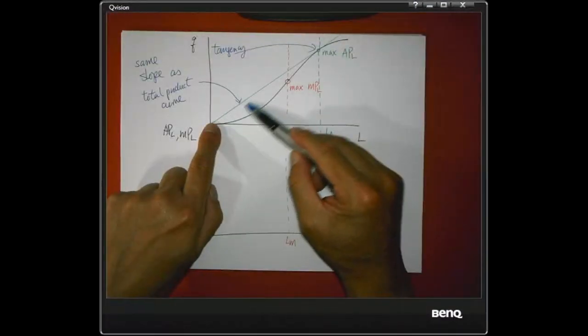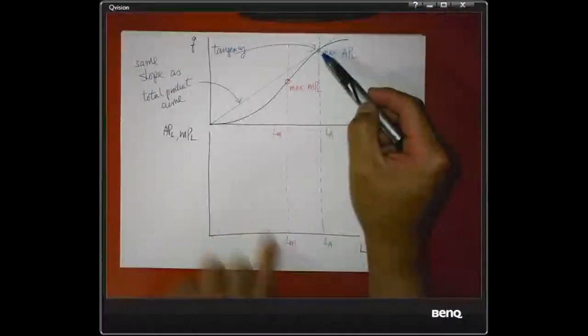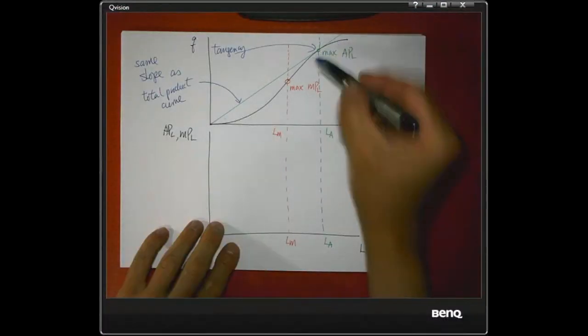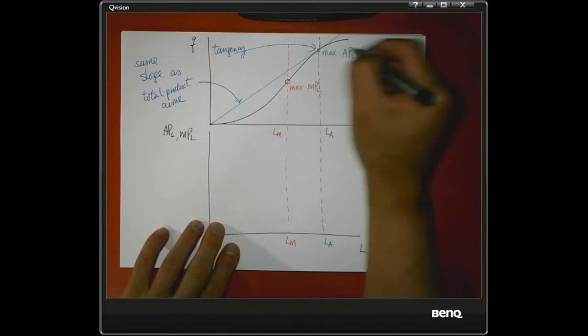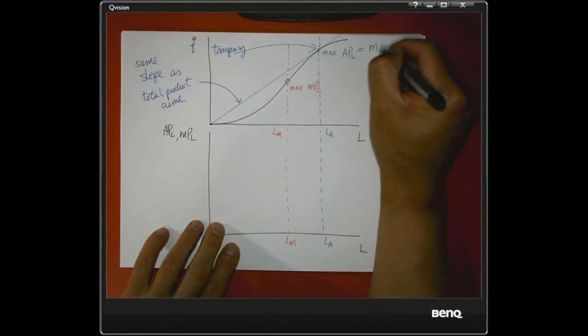So when this straight line from the origin has the same slope as the total product curve at this point, then this point must also be the marginal product of labor.